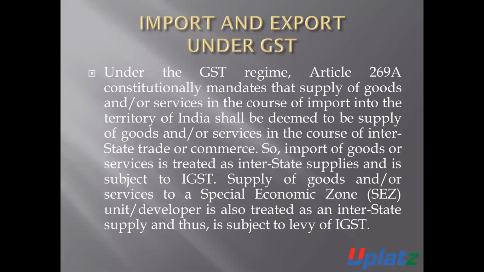In the GST, the import of goods, import of services, or both will also be considered as interstate supply, because in this case the location of supplier is outside India and the place of supply is in India. It will not be considered as intrastate supply.